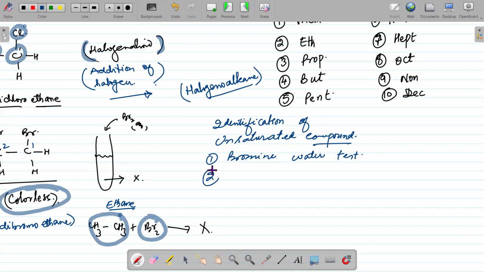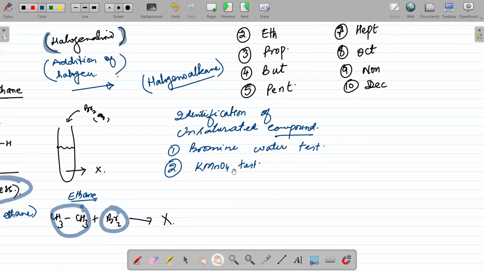Now the second one is the KMnO4 test. Okay, what is in this test? As you know, KMnO4, which is acidified, acidified KMnO4 has its own color, which is purple. Is it clear? So acidified KMnO4 is purple in color.